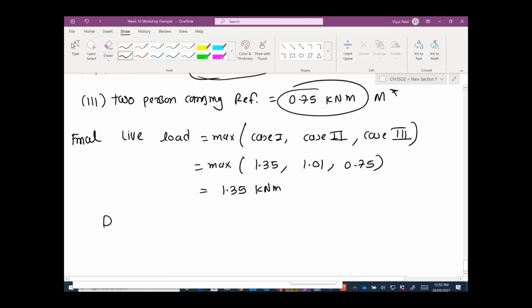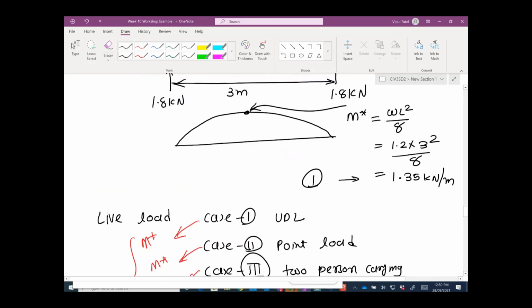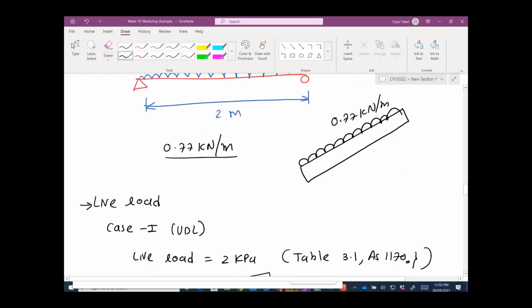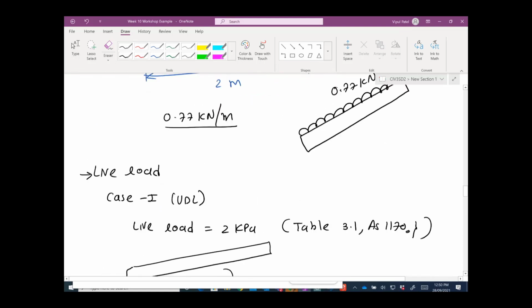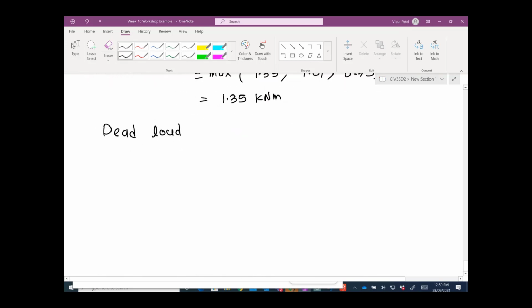And the dead load was how much? 0.77, I believe. 0.77 kilonewton per meter. So the dead load on the stringer is 0.77 kilonewton per meter, and let's say the length is 3 meters.